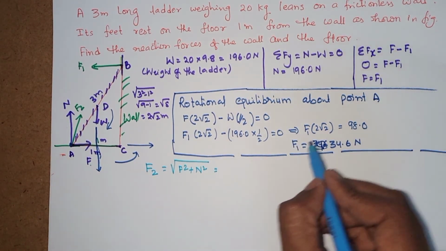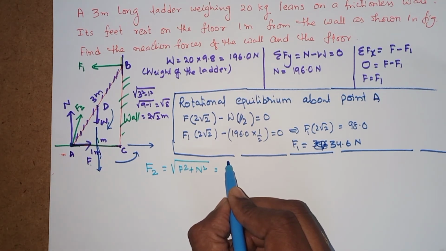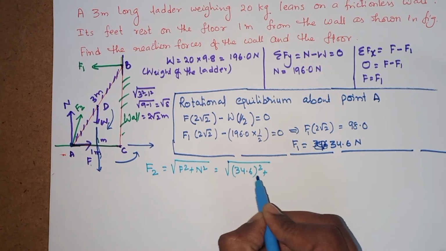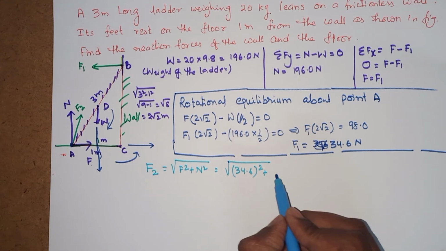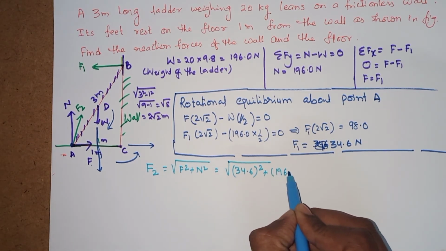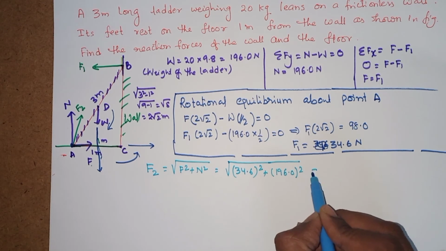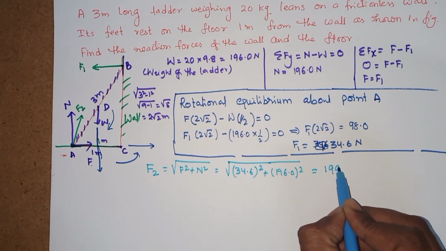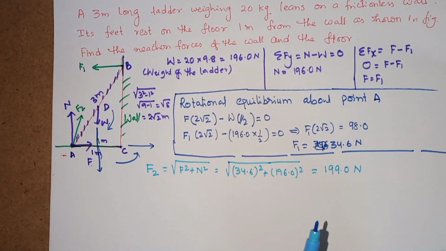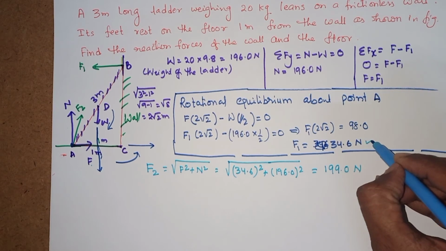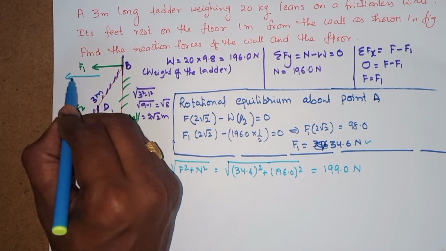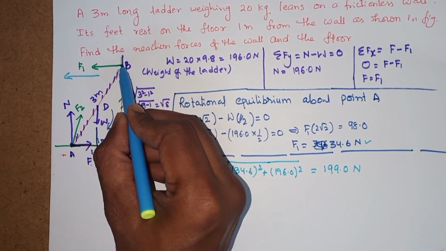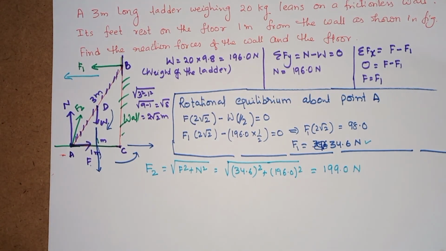F we calculated, F or F1, is 34.6 whole squared, and the normal force is 196.0 whole squared, which is approximately 199.0 newtons. So we calculated F1 as one reaction force, and the other reaction force, where the ladder touches the wall and floor.